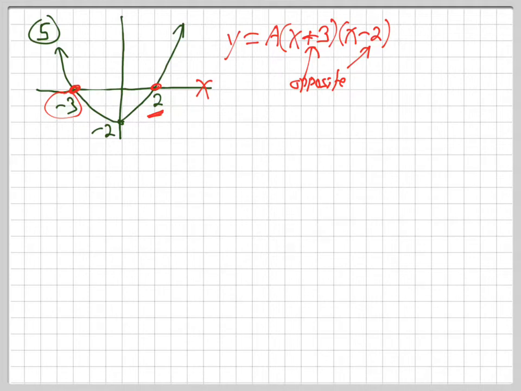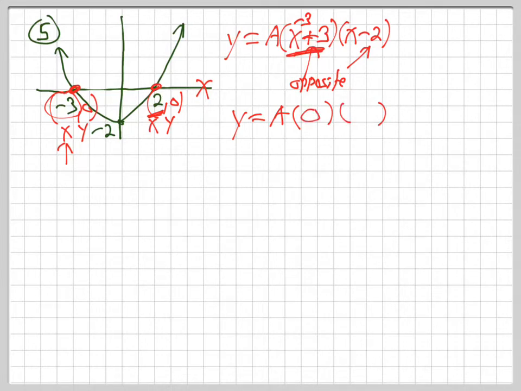Now why do we know that's the case? Well, because this point is actually 2, 0, isn't it? And this point is actually minus 3, 0, the X and the Y, which means if X is negative 3, for example, if you plug in negative 3, what are you going to get? What is negative 3 plus 3?